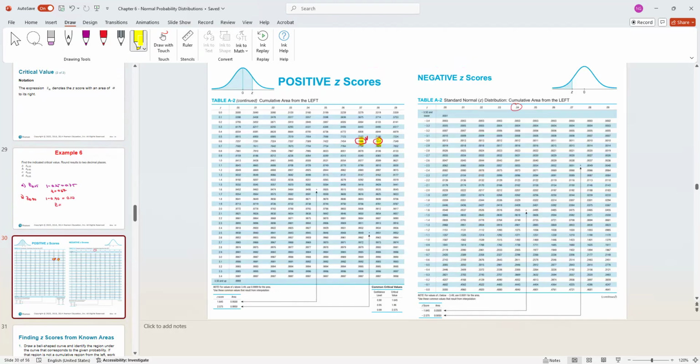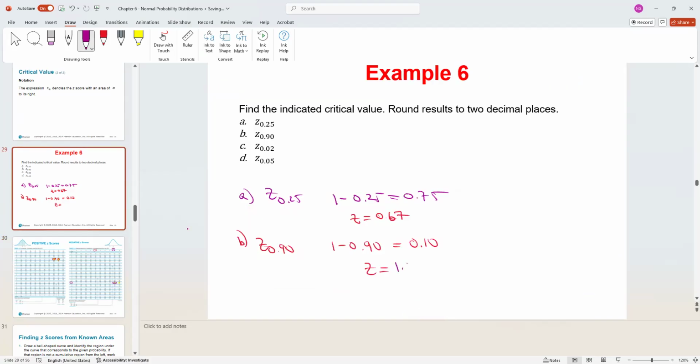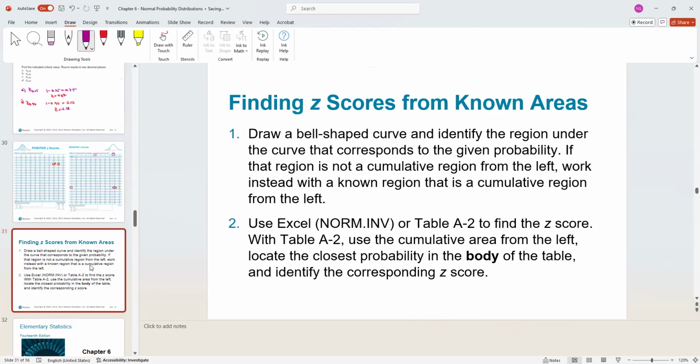See, this is 0.10. The closest one is either this one or that one, but the closest one to 0.10 is 0.1003, which is 1.28. So that gives us negative 1.28. Okay, so hopefully you can use these to do more exercises.